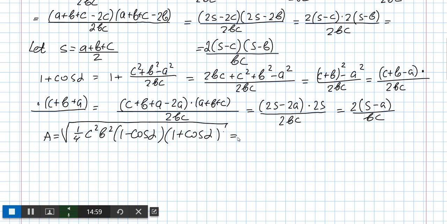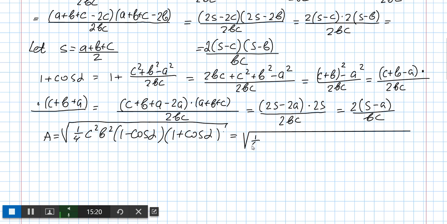So what I do, I will substitute the expressions for 1 minus cosine alpha and 1 plus cosine alpha. I will have this pretty long square root, I expect.